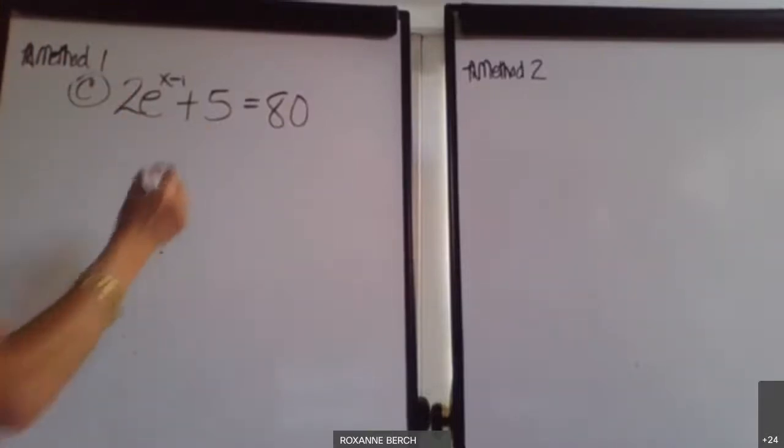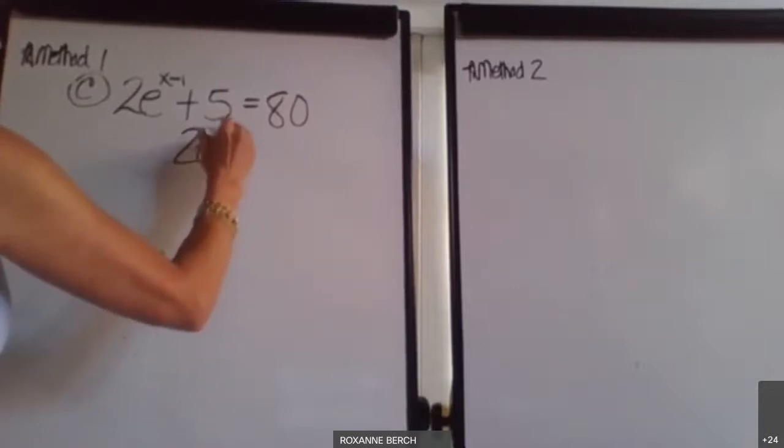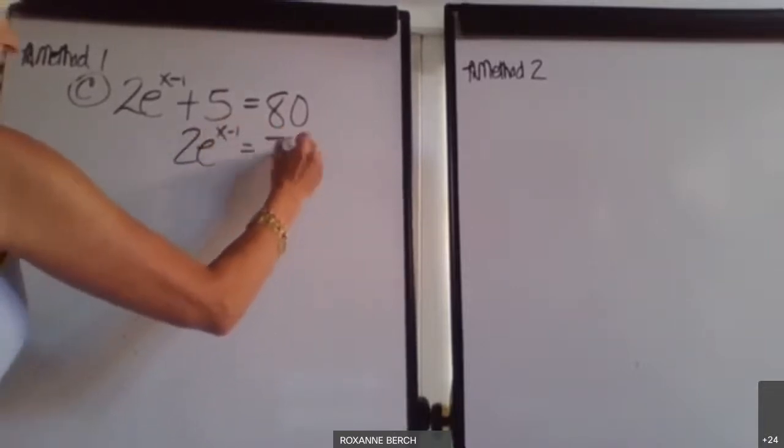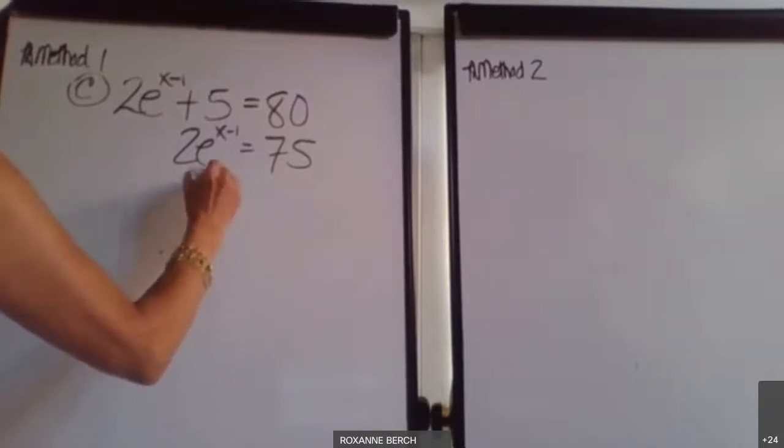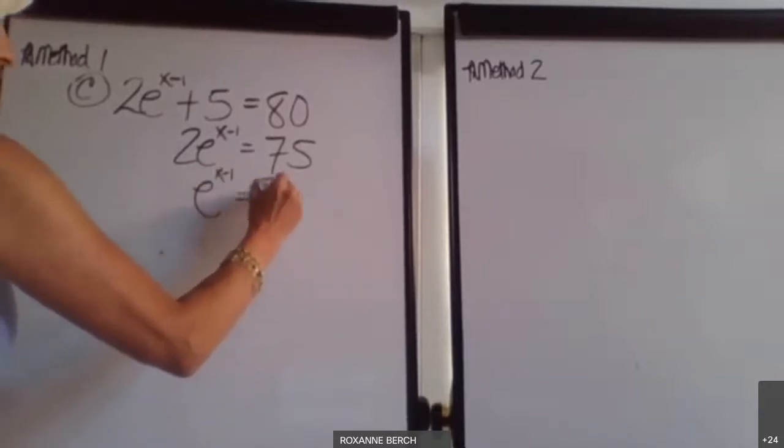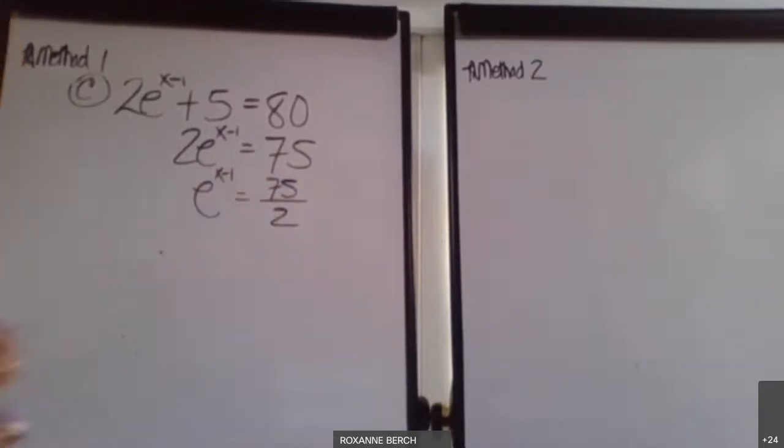So subtract 5. If you subtract 5, you get 75. Divide by 2. All right, now what you're going to do is take a natural log to both sides.